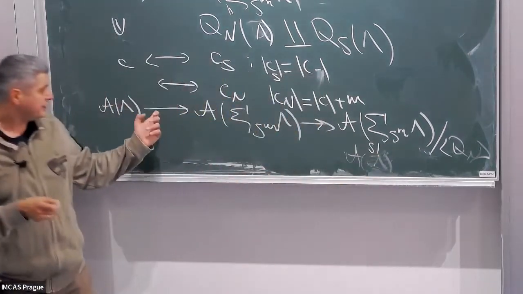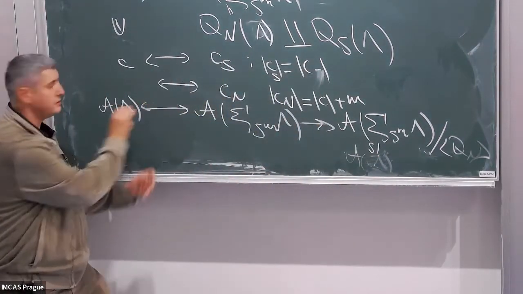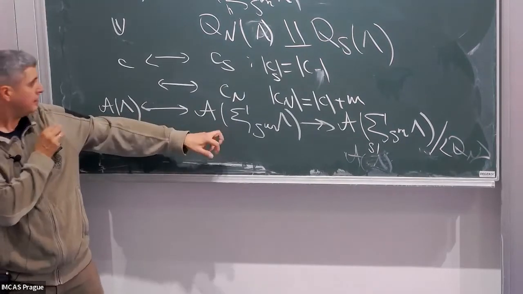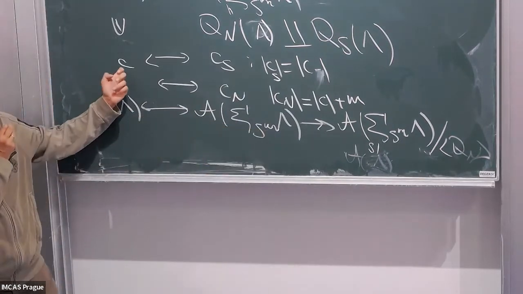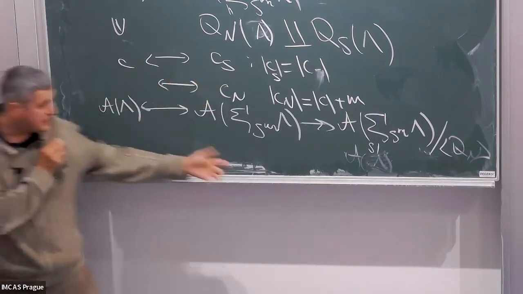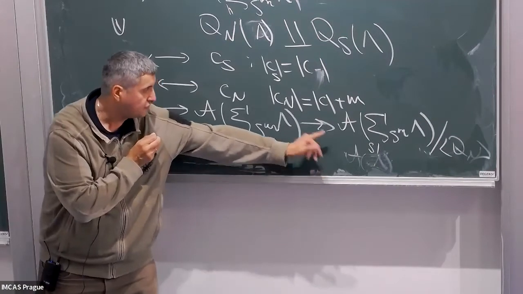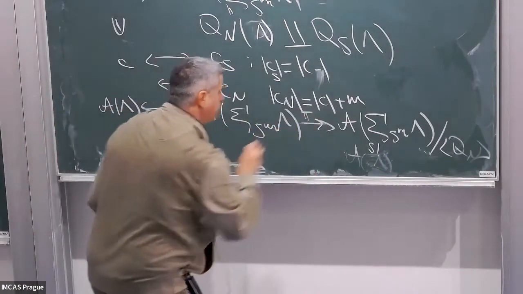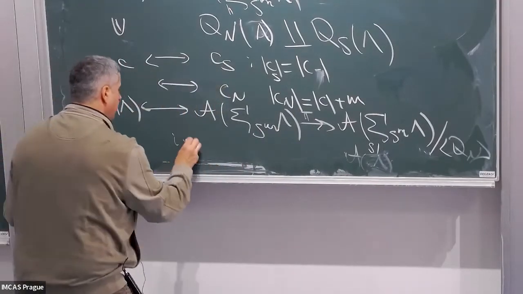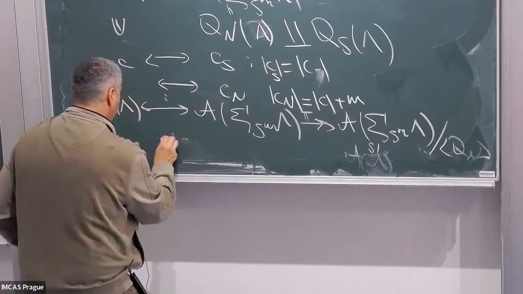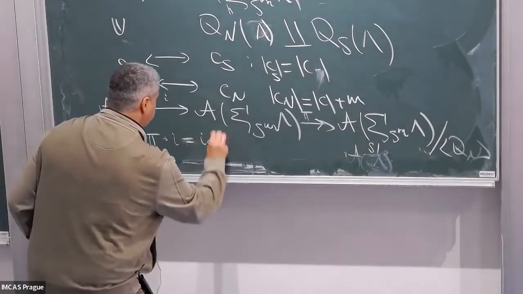So basically there is an inclusion map of this algebra, so we can include A lambda inside this A sigma Sm lambda, where we map chord C to the chord Cs. And then this map can be inverted by some projection P, so that P composed with I is equal to the identity.